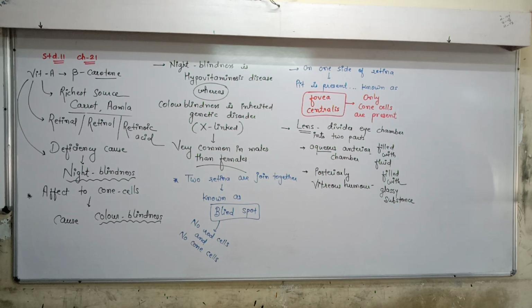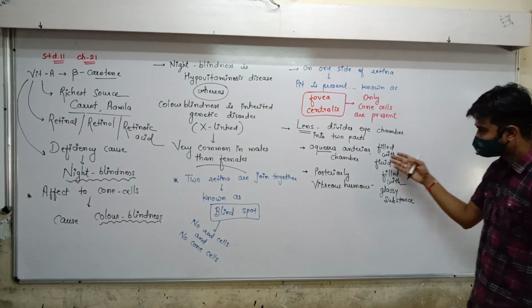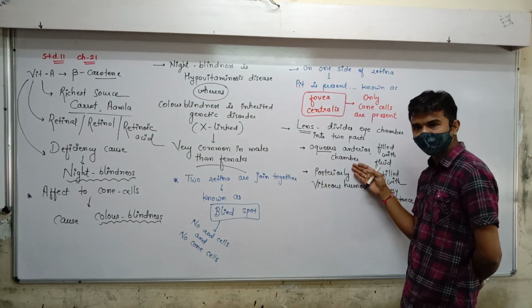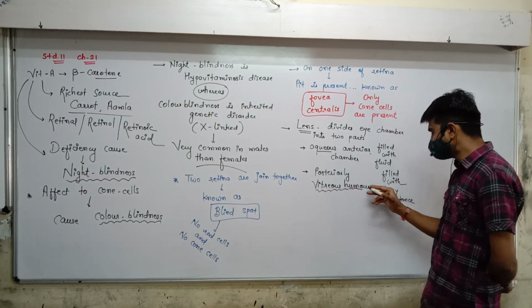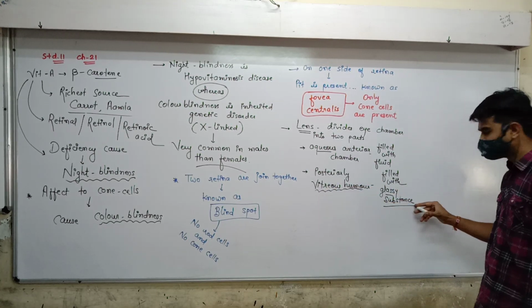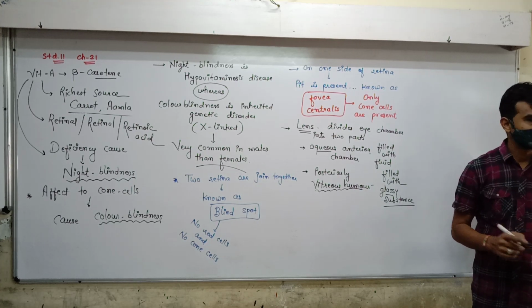So this anterior portion is filled with fluid, whereas the posterior portion is known as vitreous humor. It is made up of a transparent glassy substance.